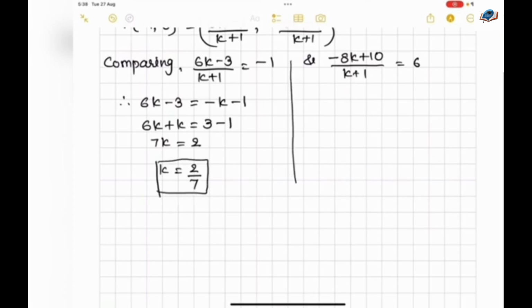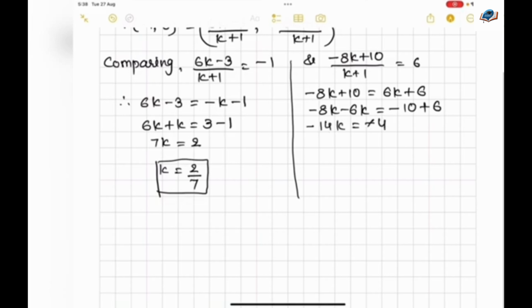Now, same way, minus 8k plus 10 equal to 6k plus 6. So, minus 8k minus 6k equal to minus 10 plus 6. Minus 14k equal to minus 4. So, k equal to 4 by 14. So, k equal to 2 by 7.